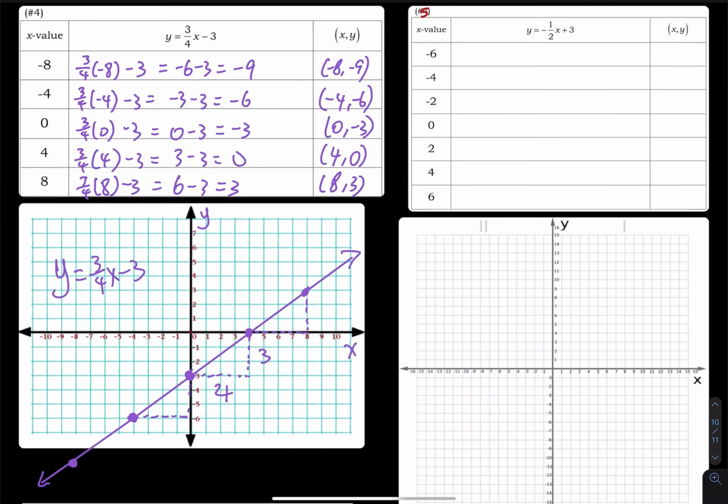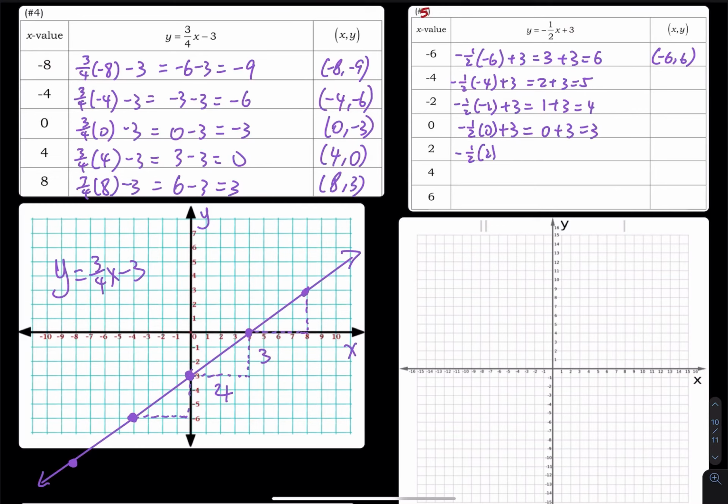Okay, last one: -1/2 times -6 plus 3. So that is 3 plus 3, 6. So that is -6, 6. And then -1/2 times -4 plus 3. So this is 2 plus 3, 5. Then -2: that is 1 plus 3, 4. Then 0: that is 0 plus 3 equals 3. Then 2: that is negative 1 plus 3, 2.